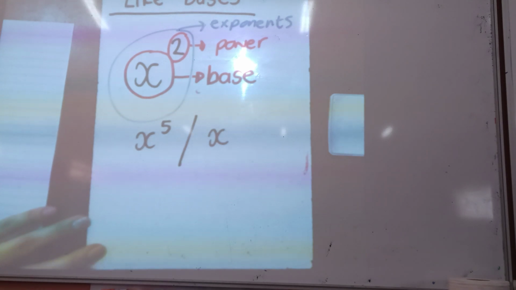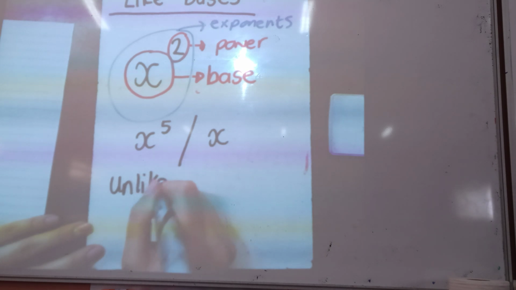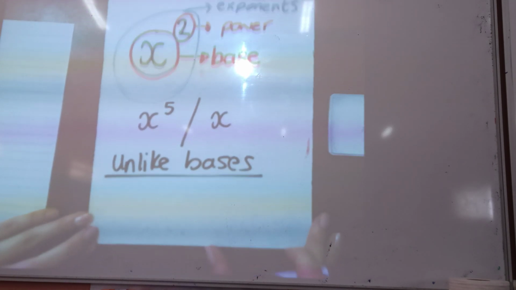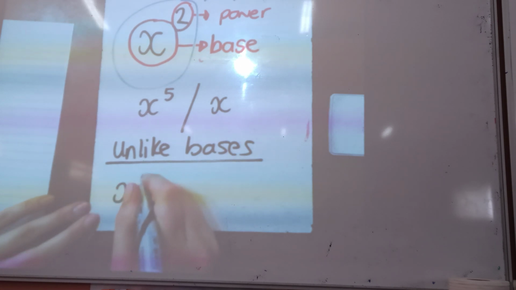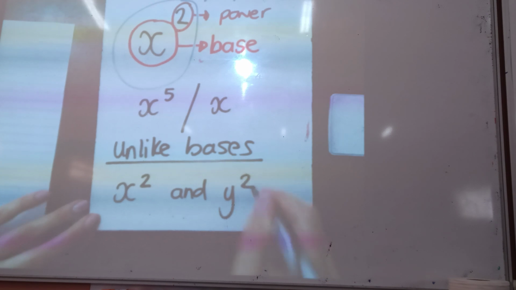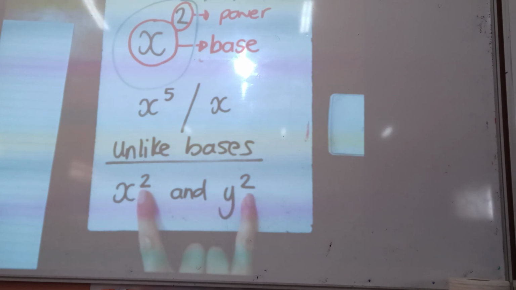Does that make sense? Unlike bases would be something like x squared and y squared. Why do kids get confused? They think they can do something because the powers are the same.